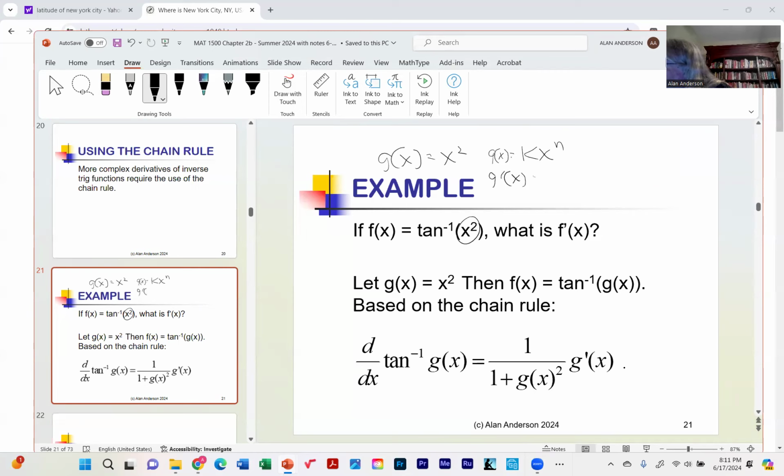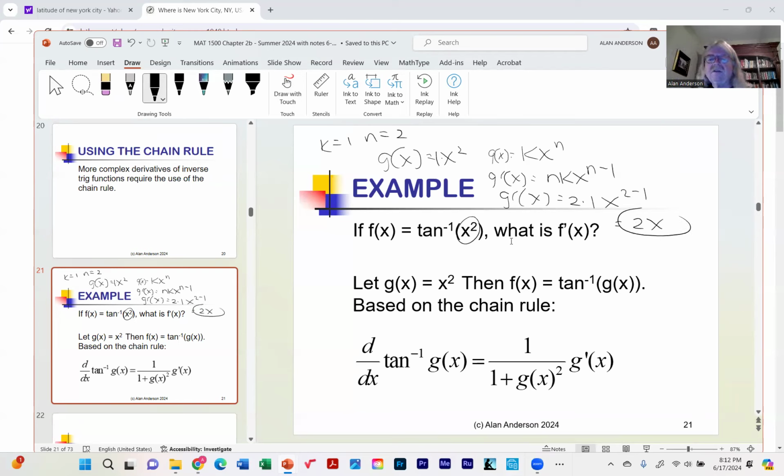And once again, using our friend the power rule, there's an implicit 1 here, so k is 1 and n is 2. So we're going to have 2 times 1, x to the 2 minus 1, just 2x.